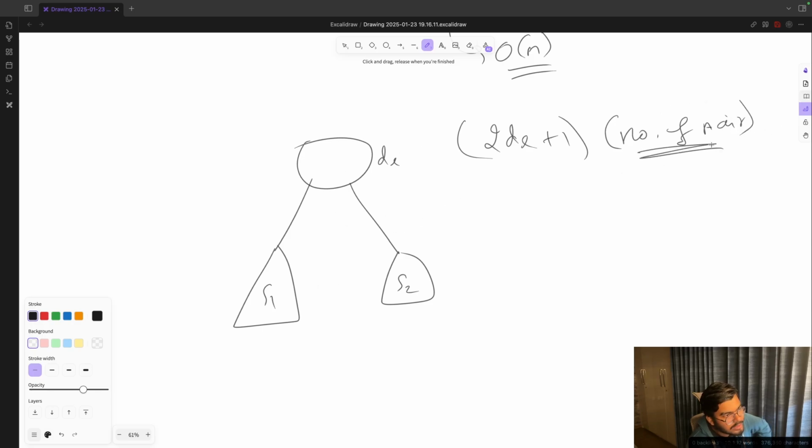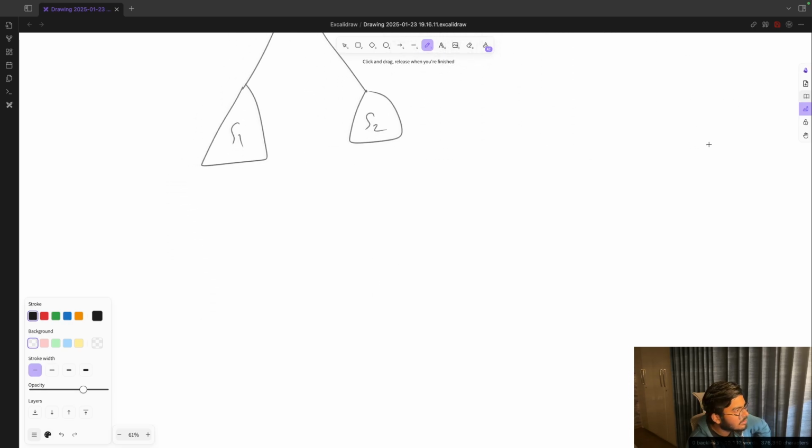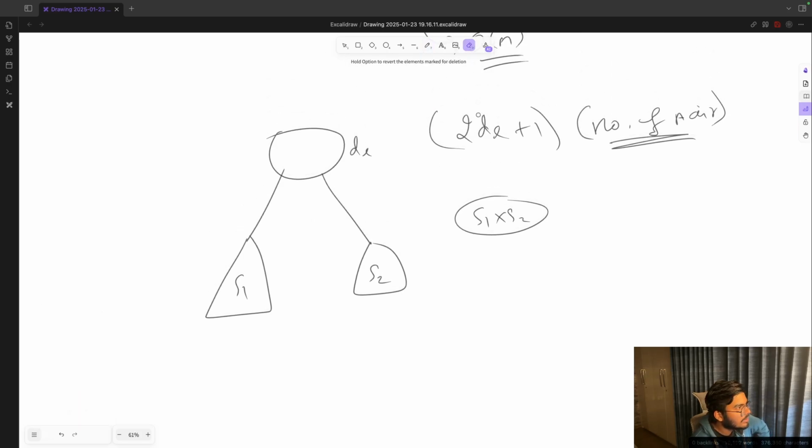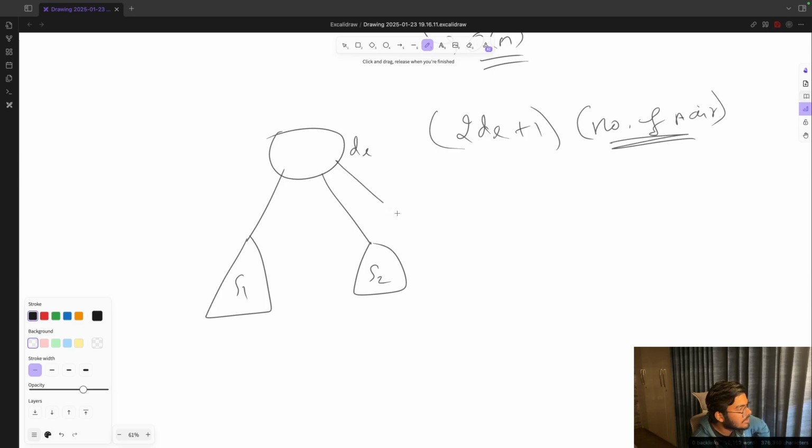So this number of pairs, if you want to calculate, is equal to s1 into s2, right? But let's say you have more than one child. What will happen? Let's say we add one more child, s3.